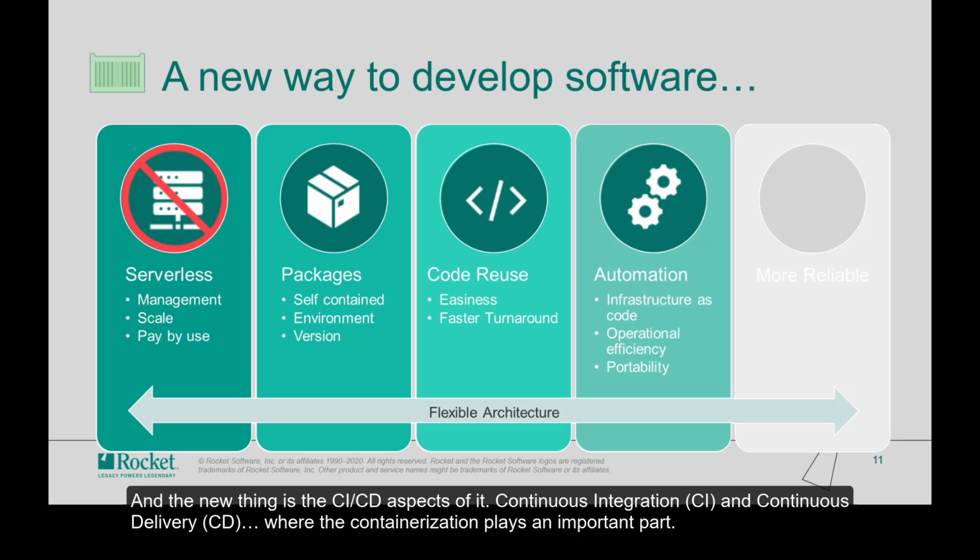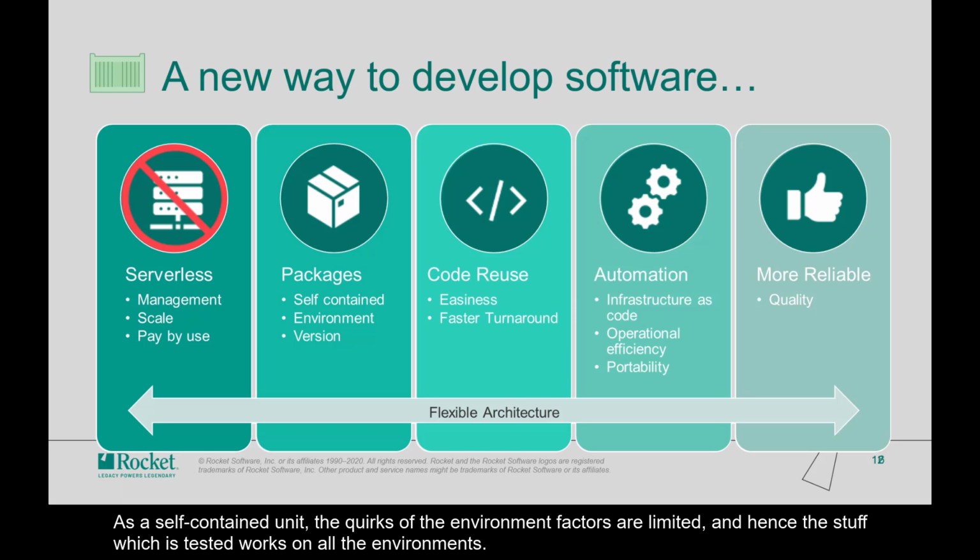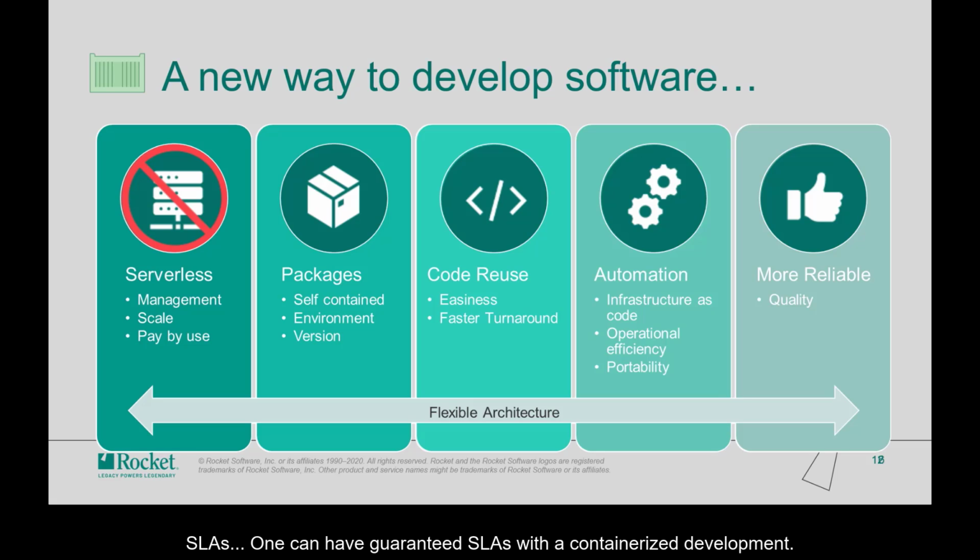Continuous integration and continuous delivery, where containerization plays an important part. As a self-contained unit, the quirks of the environmental factors are limited, and hence what is tested works on all environments. SLAs. One can have guaranteed SLAs within a containerized development.